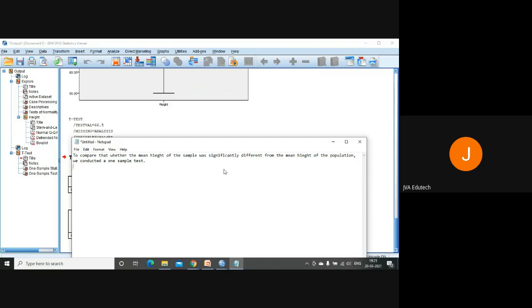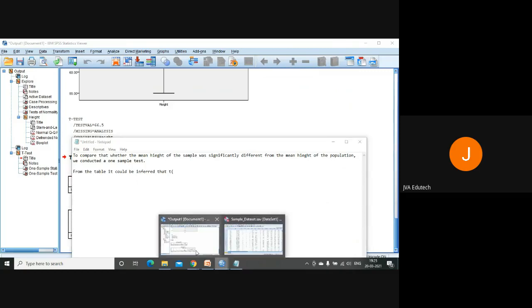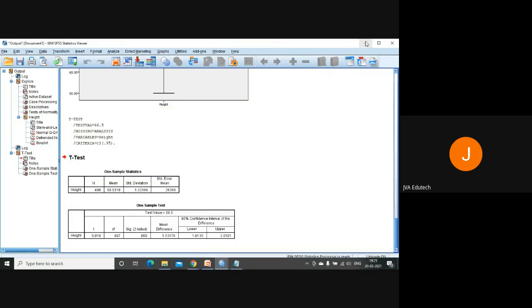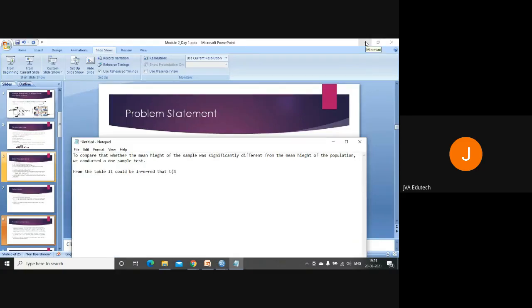And you will put the table and write from the table that it could be inferred that t at the degree of freedom 407 is equal to 5.81. p is less than 0.05.